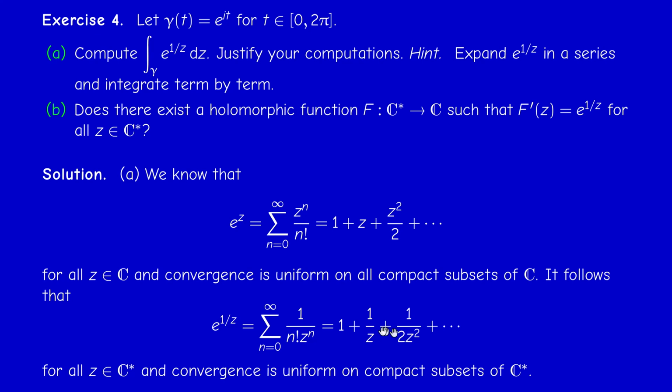We know that an antiderivative of z^n is z^(n+1) over n+1, provided n is different from minus 1. So all terms possess an antiderivative except this one. So by Barrow's rule, the integral is 0. So you are left just with this integral over 1 over z.